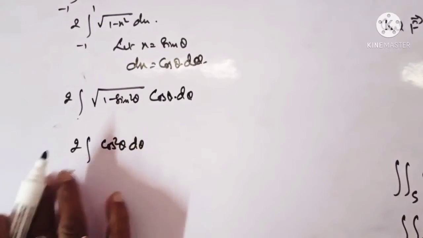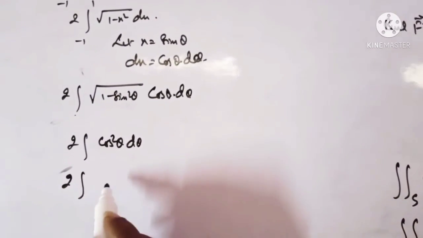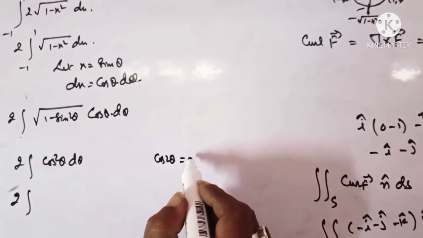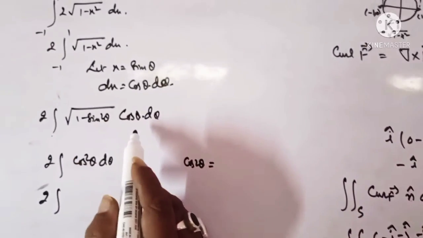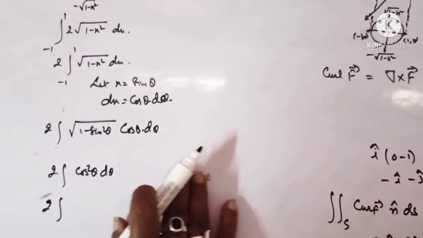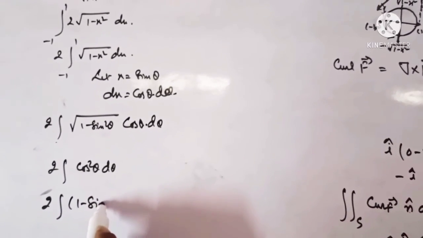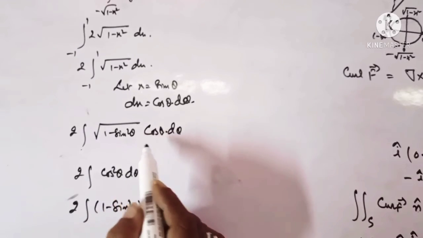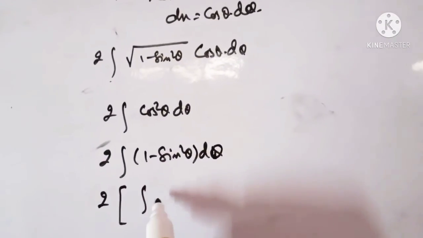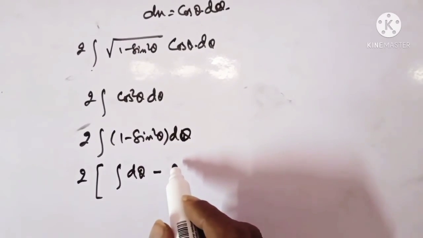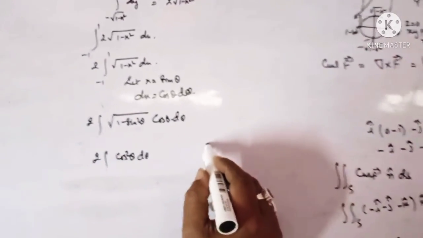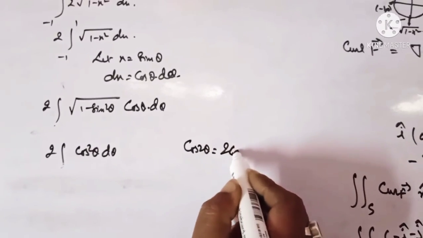So we need the integral of cos square theta. It is better to use cos 2 theta equal to 2 cos square theta minus 1.